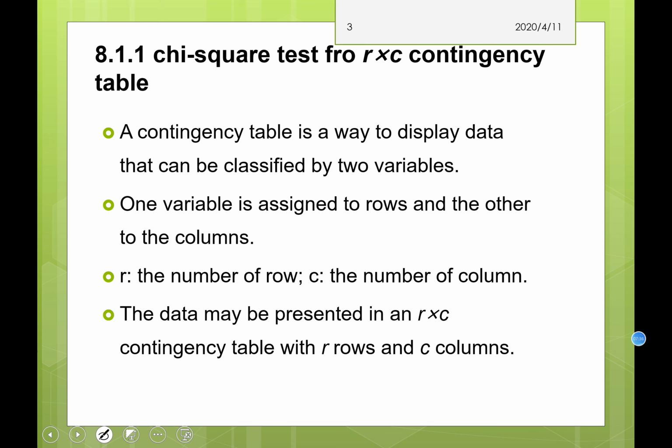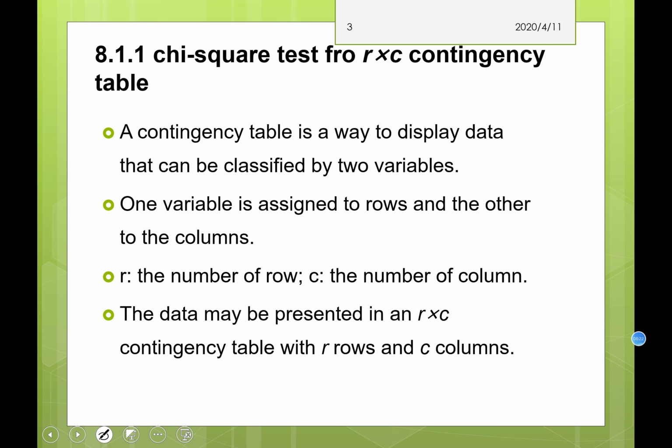So we want to know if there are any significant differences in the effectiveness of the drugs between different groups. So here we just use categorical data, that is the effectiveness or results, and we divide this categorical data into different levels. Sometimes there will be two levels, and sometimes there will be more than two levels. So that is what we do in chi-square test.